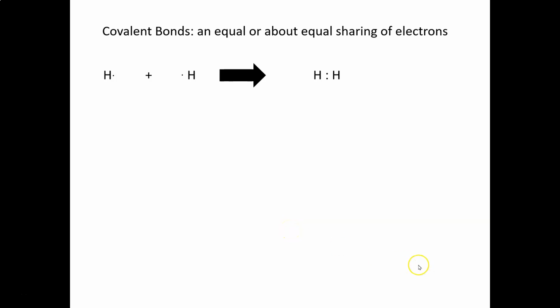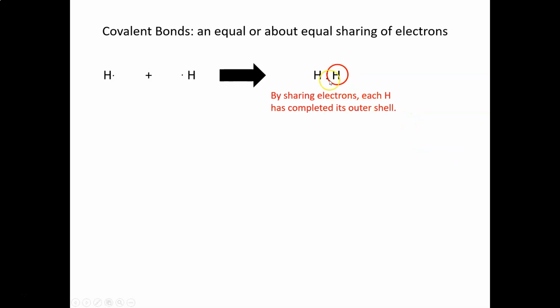Atoms with high electronegativities hold on to their electrons a little greater, and they tend to be a little more negative. So it really depends on the electronegativities of the different atoms that bind together. When the 2 atoms are exactly the same, in this case both hydrogen, they have the same electronegativity, so that won't matter.